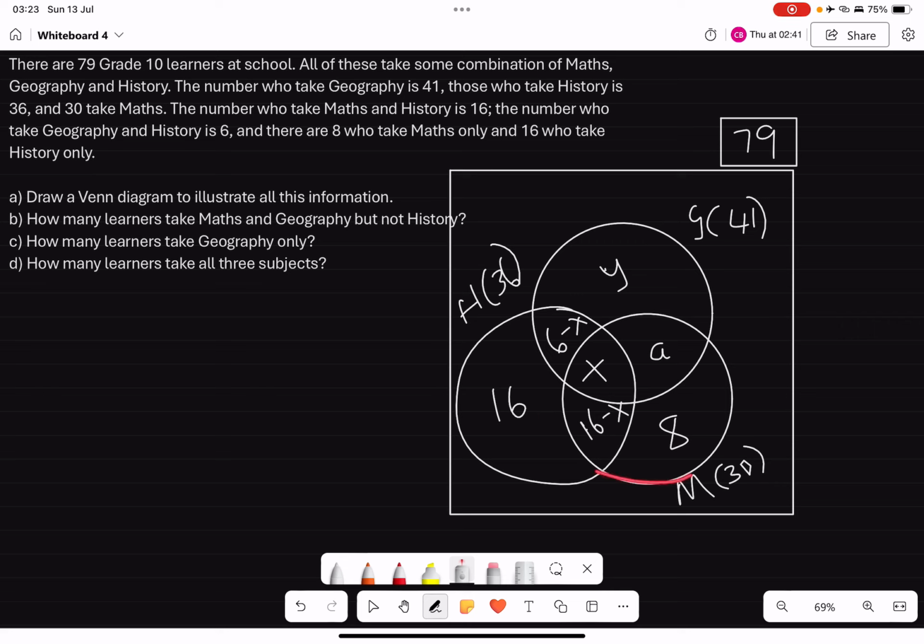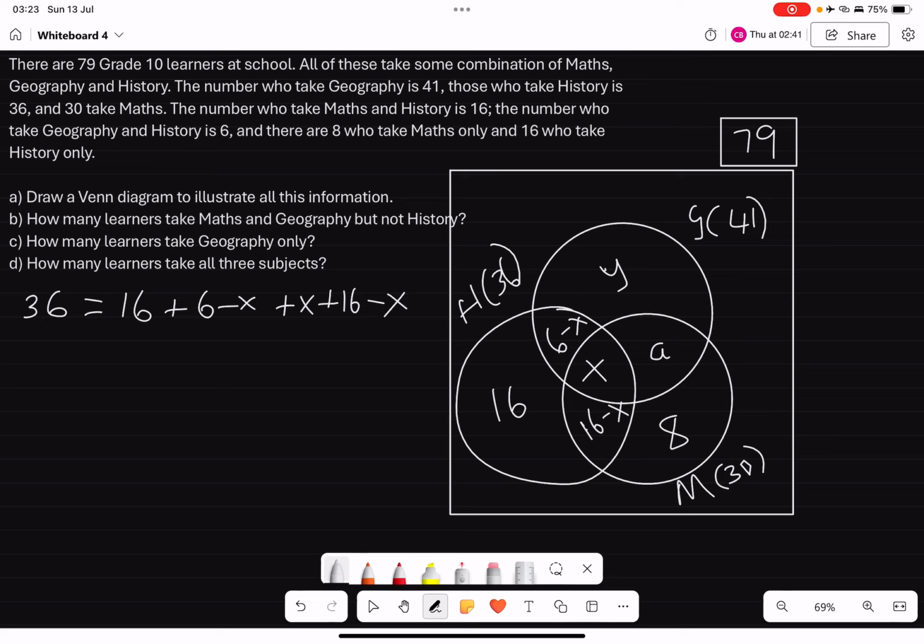In the other circles I put other variables because they didn't give us any information about that. If you pick the circle of M first, you're going to have a problem because you have X and A, two unknowns. So we're going to take the circle of history. The total for history is 36, and we know that it is the sum of 16 plus 6 minus X plus 16 minus X.